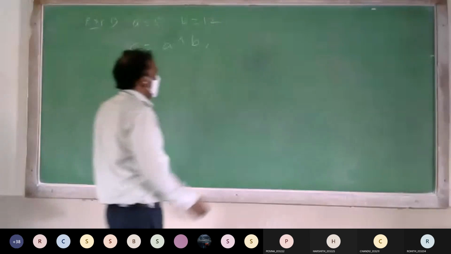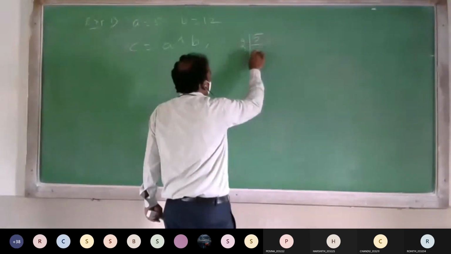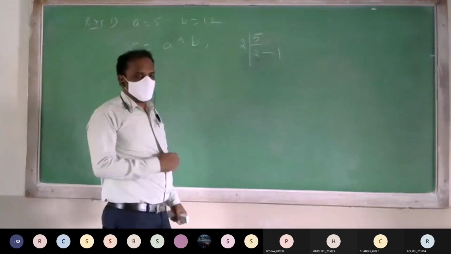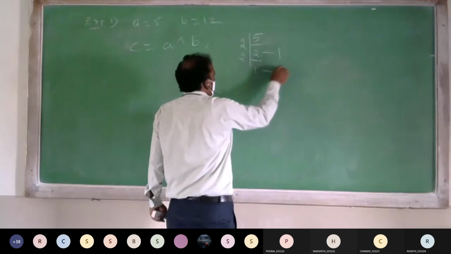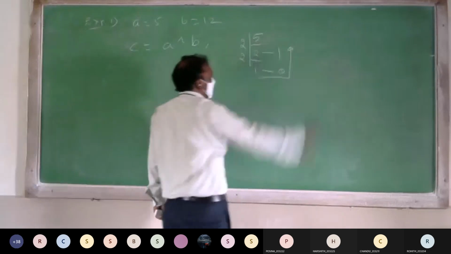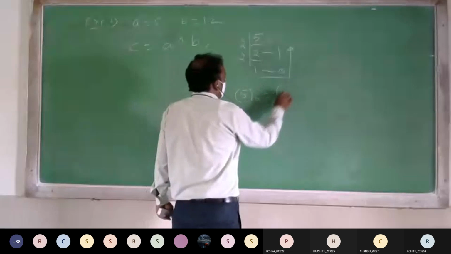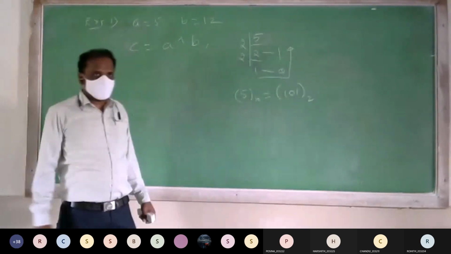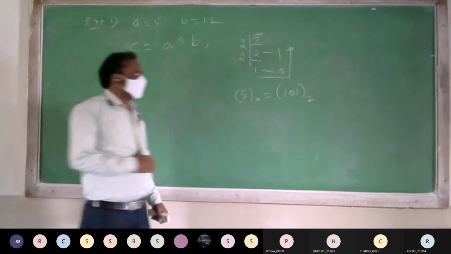Now, what is 5? How is 5 represented in binary? If you divide the decimal number by 2: 2 2s are 4, remainder is 1. 2 1s are 2, remainder is 0. So decimal 5 is equal to 101 in binary. We discussed yesterday how to convert a decimal number into a binary number.